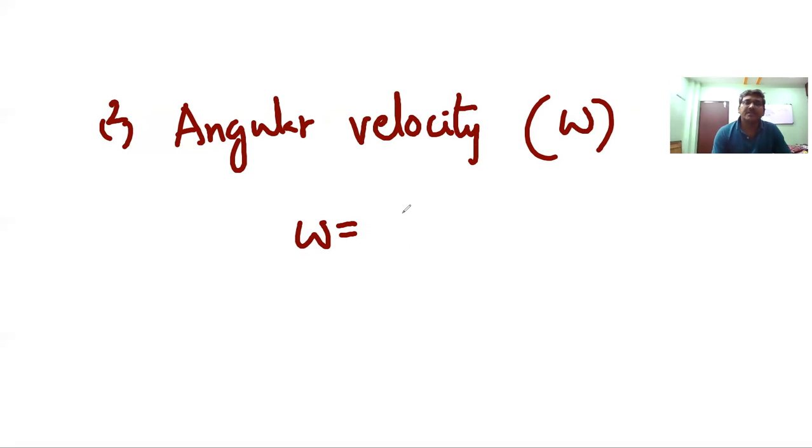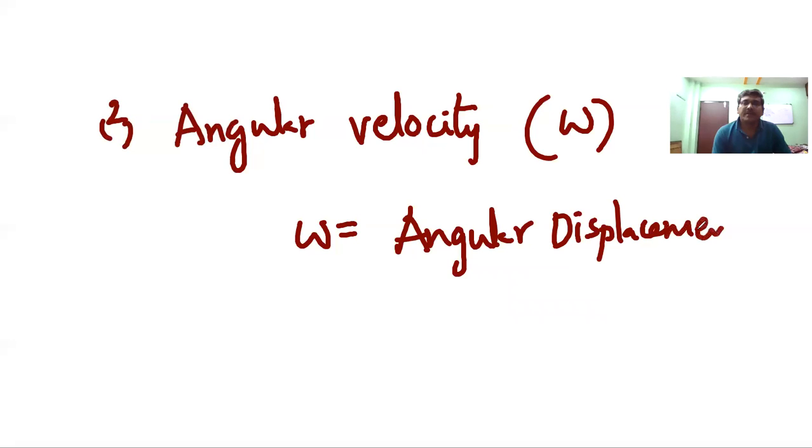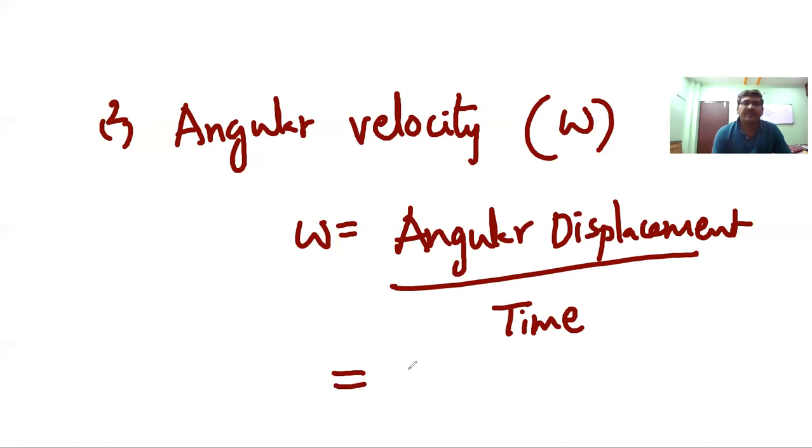Similarly, angular velocity is angular displacement by the time. What is angular displacement? From the previous expression, no unit, no dimension formula. So 1 divided by time T, it is expressed as T minus 1. Okay, T minus 1 is the angular velocity expression.